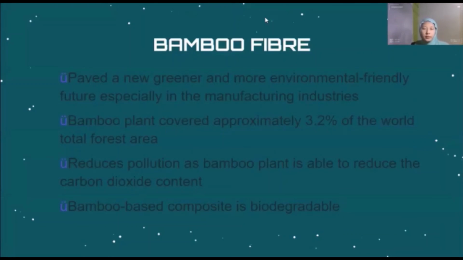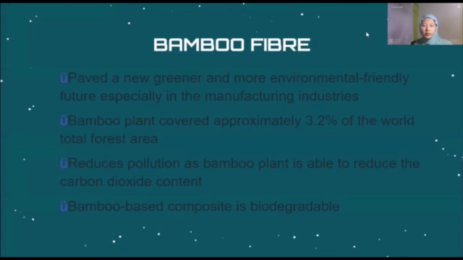So the first environmental effect is the bamboo fiber. The use of bamboo fiber has paved a new, greener and more environmentally friendly future, especially in manufacturing industries. With a higher growth rate, the bamboo plant covers approximately 3.2% of the world's total forest area, which will ensure a continuous supply of raw material.